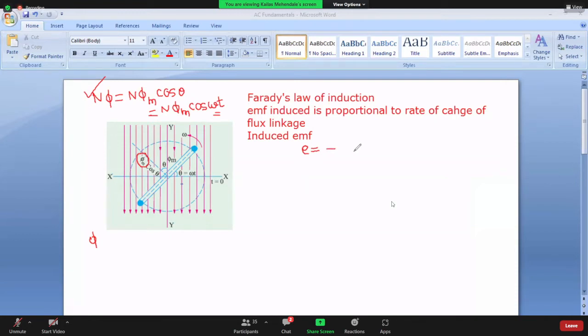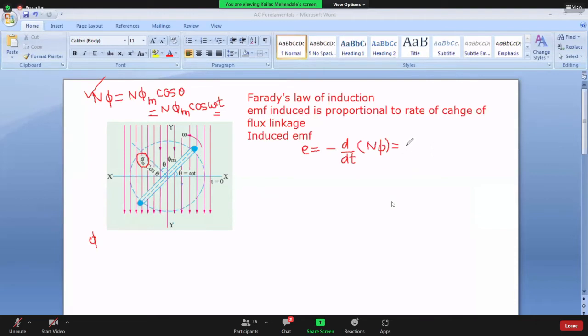Why minus? Because the EMF developed in the coil opposes the cause.